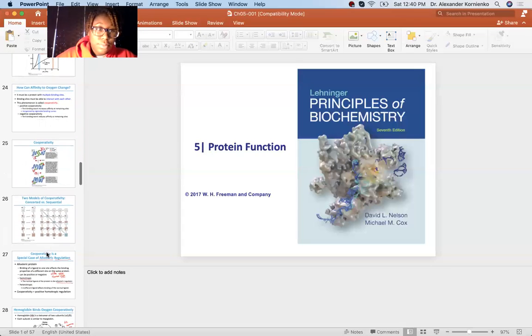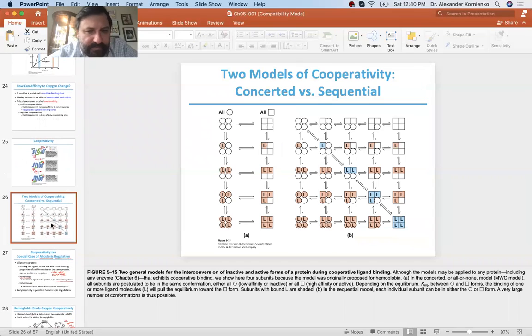Cooperativity. Right there, 26. Oh, yeah. We did talk about that. Yes. Cooperativity. So can we go over what the model means? Because I was a little confused.